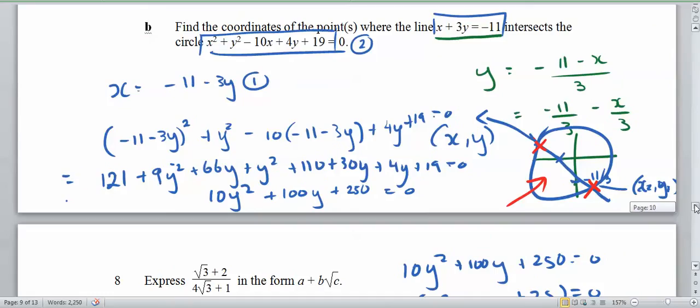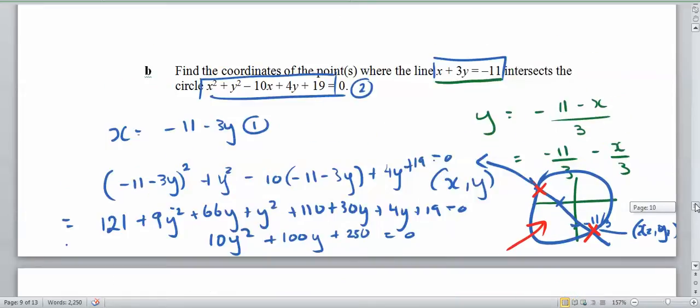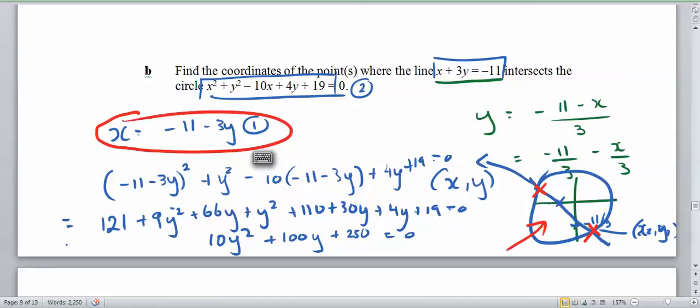So x plus 3y, let's plug that into equation 1 over here. So therefore x is equal to -11, I can't even remember what y was now. Oh, y was equal to -5, minus 3 times -5.